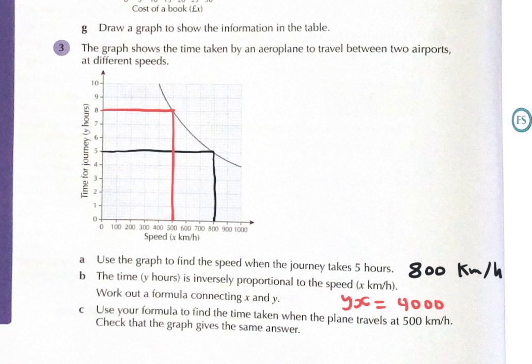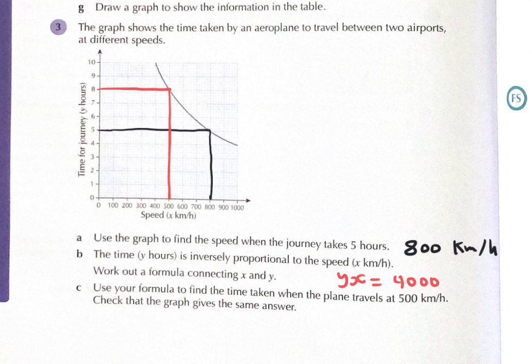Use your formula to find the time taken when the plane travels at 500 kilometers per hour. Now the speed is 500, and we need to find the time, y.